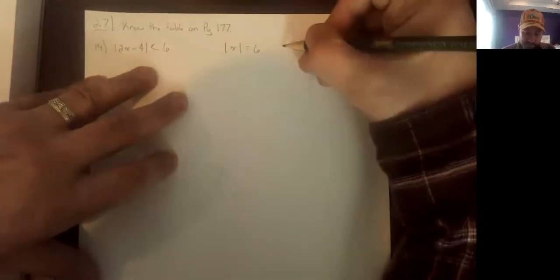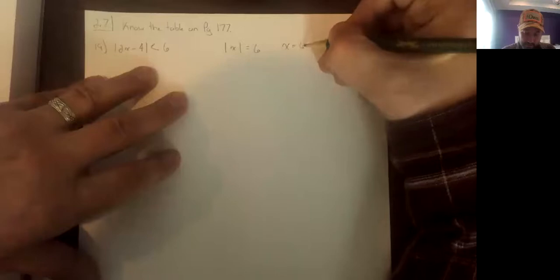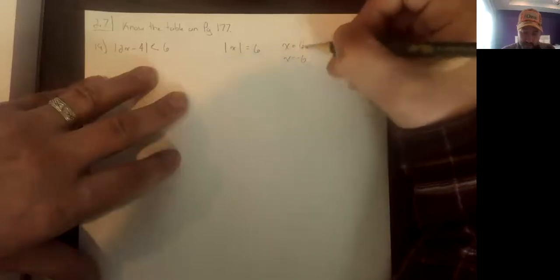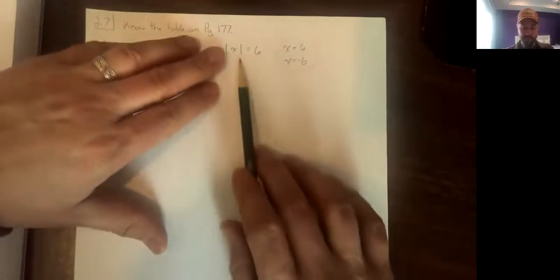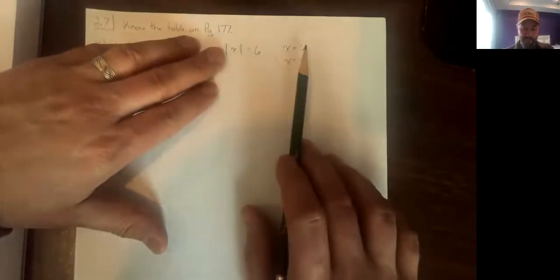So when I had absolute value equal, I knew that the absolute value of x was going to be 6, so I knew x could be 6 or x could be negative 6. That's why when I took the absolute value away, I was setting it equal to 6 and negative 6. I'll probably rewrite number 19.